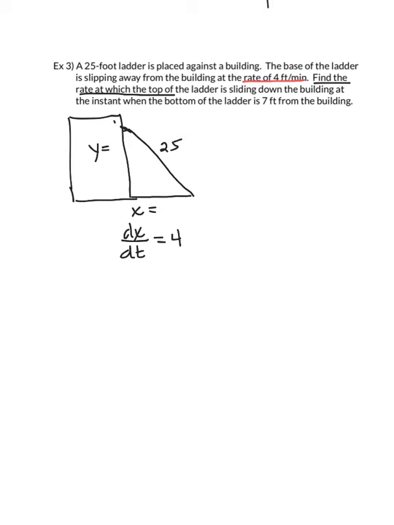So we want to know, how fast is this happening? How fast is it moving downward? And because it's a rate, dy dt is the thing we are looking for. And then you are told the bottom of the ladder is 7 feet from the building. Well, what they've given you with that piece of information is that the distance of x is 7.